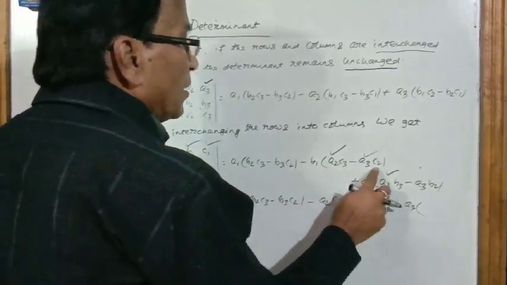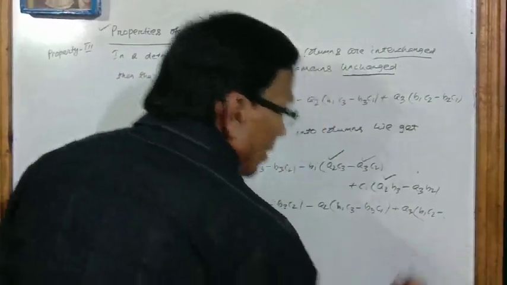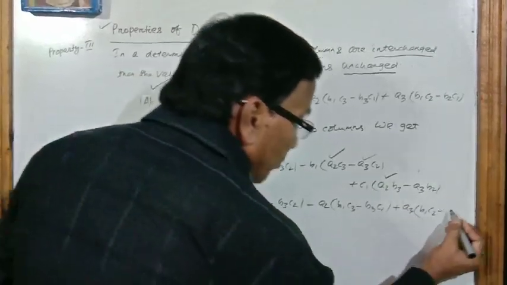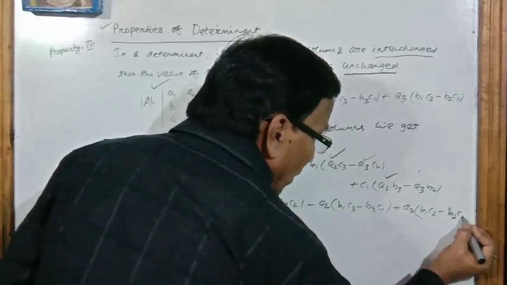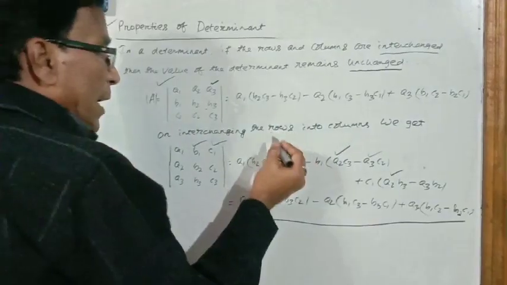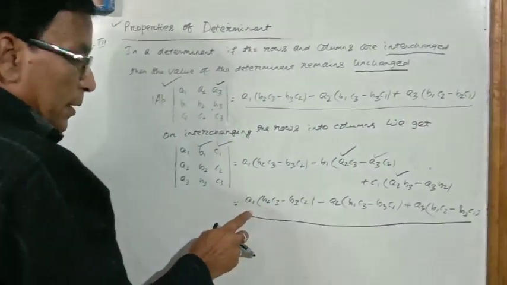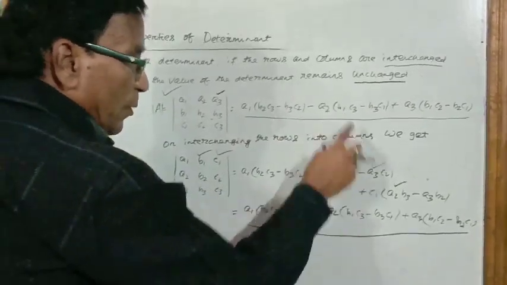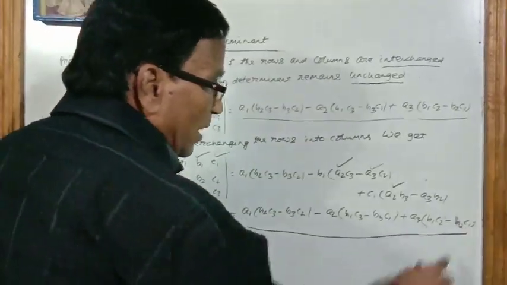A3 taking common, it is B1 C2 minus B2 C1. So its value is same as this value. It is A1 into B2 C3 minus B3 C2 minus A2 into B1 C3 minus B3 C1 plus A3 into B1 C2 minus B2 C1.